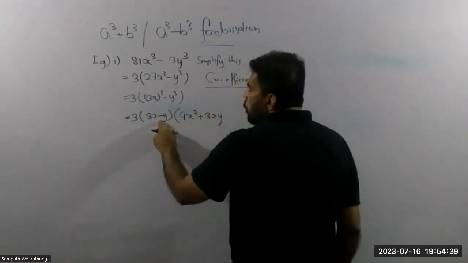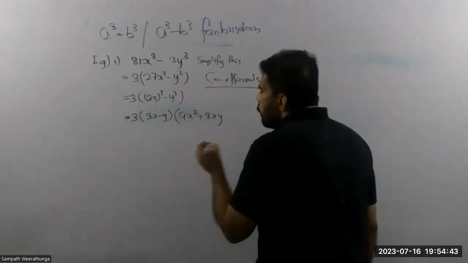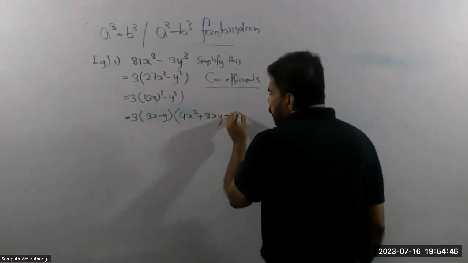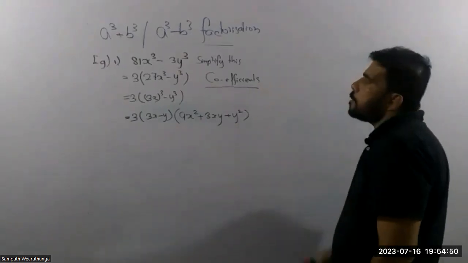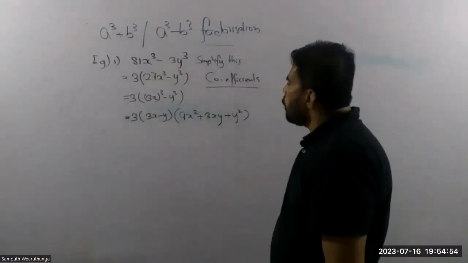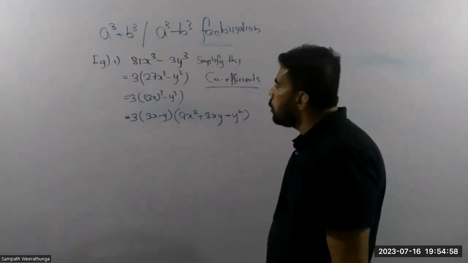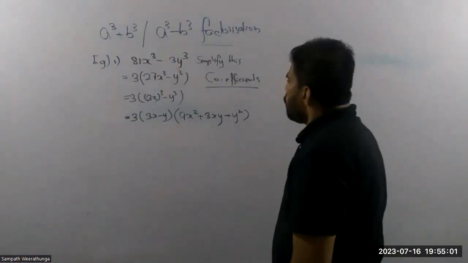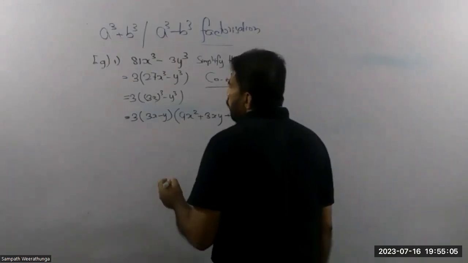Then the square of this term: negative y into negative y is positive y squared. Correct. This is the factorization, or simplification, of this given expression. I'm ending with 3 factors, so 3 terms. If you want to find out an unknown, and any relationship is given, then you can find it out.